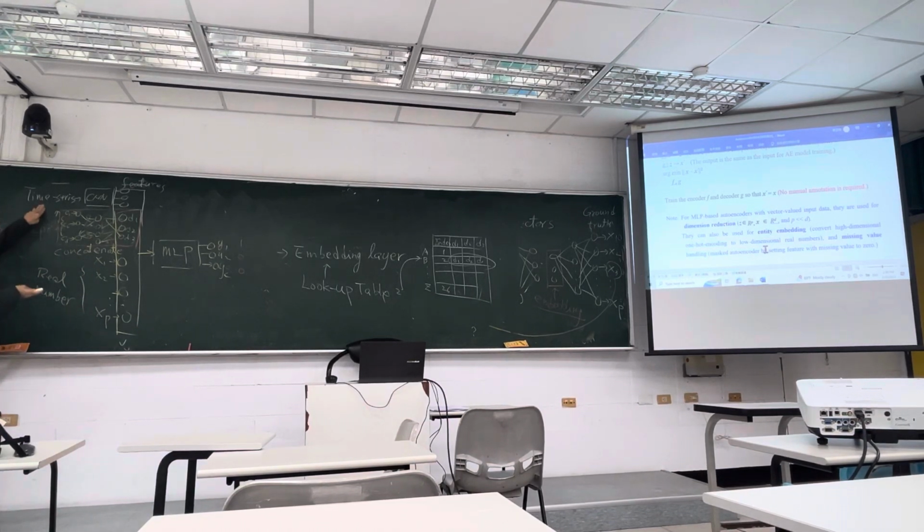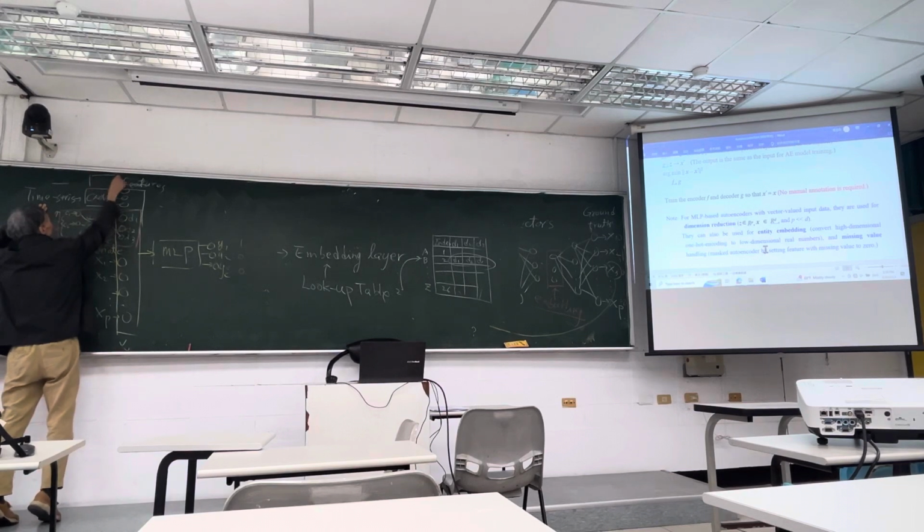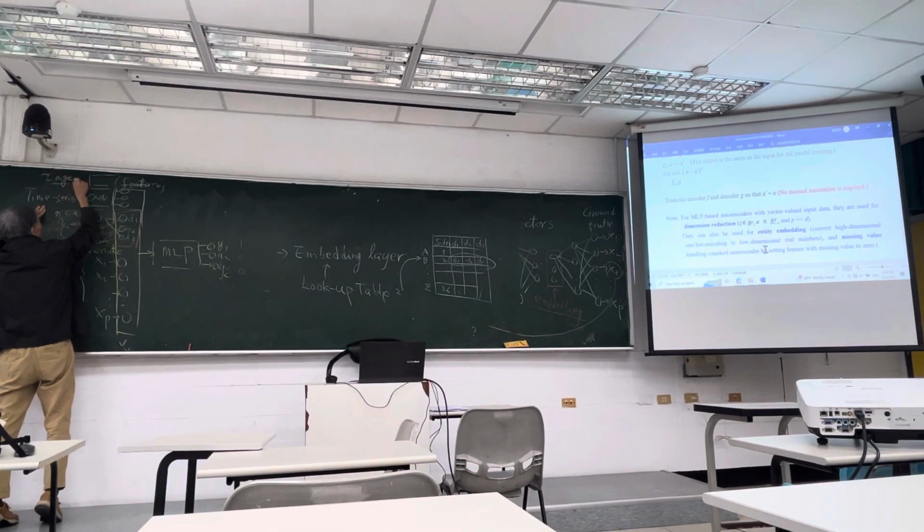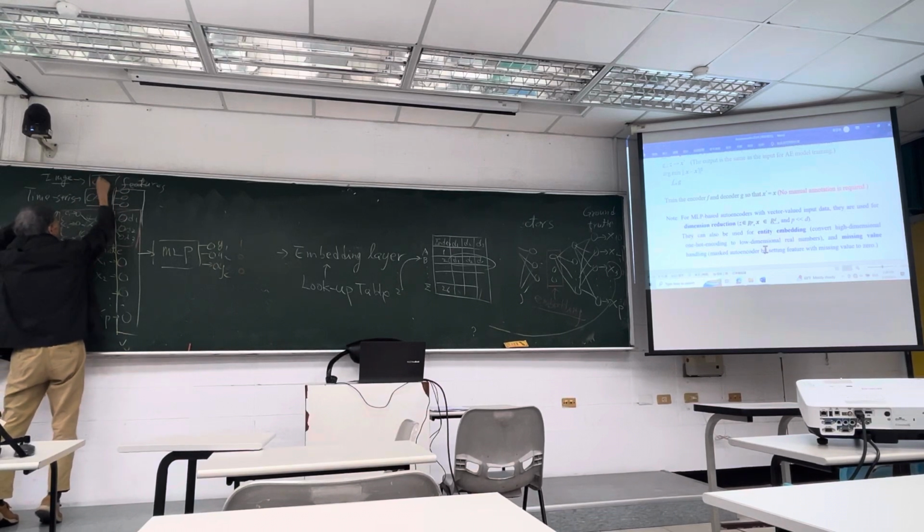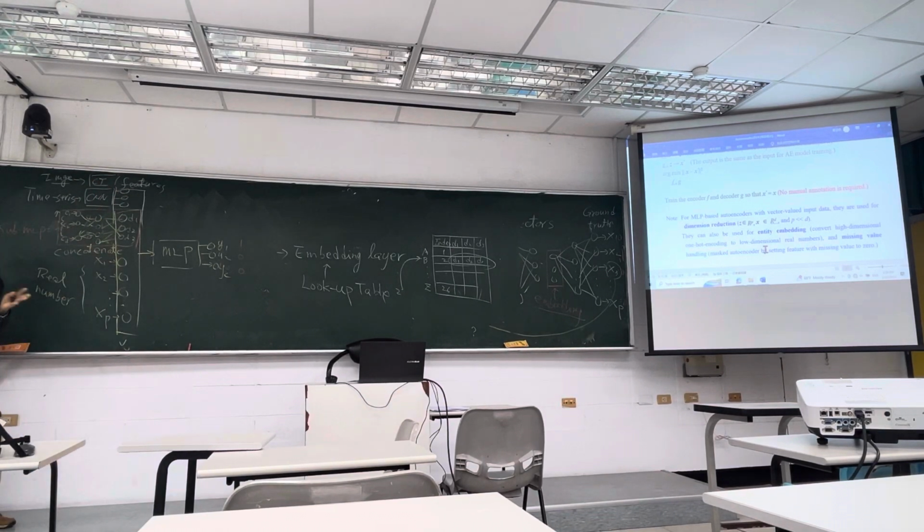And also, you might have the time series data for the vital signs, for example, or you can even have the image as the input, for example, the CT scan image or X-ray image. So what I'm trying to say is that all the input data could be multiple types.